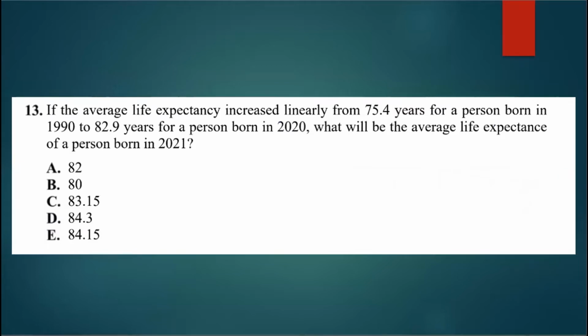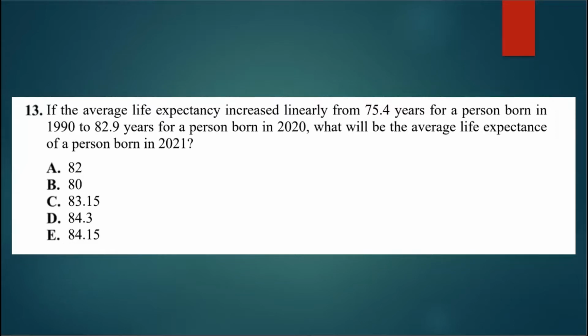If the average life expectancy increases linearly, so this increase happens every year, from 75.4 for a person born in 1990 to 82.9 for a person born in 2020, what will be the average life expectancy of a person born in 2021? So you need to find the slope.